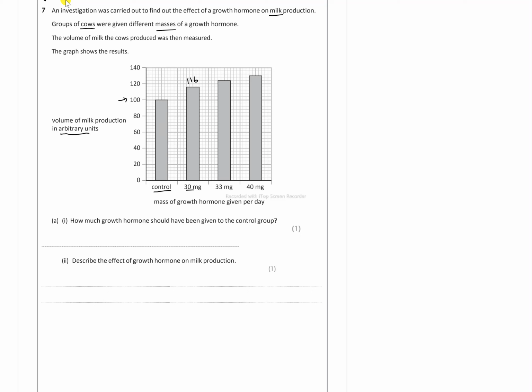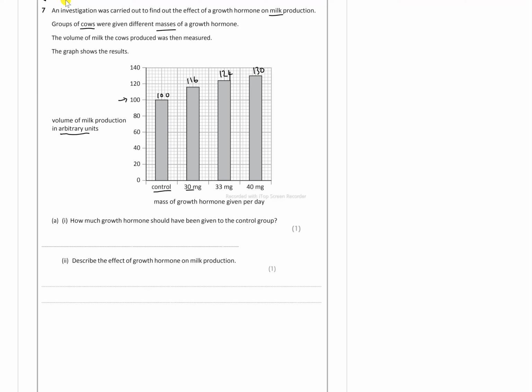If you gave them 33, it would give them 124. And if you gave them 40 milligrams, you would end up with 130. So it's going up from 100. It jumps up a lot, and then it tapers off a bit.